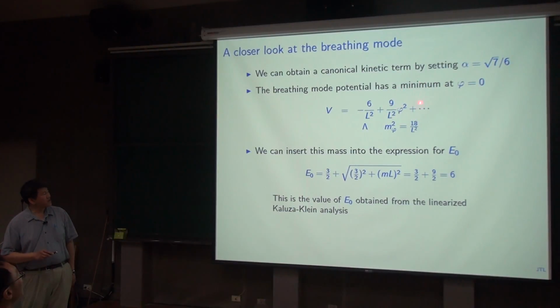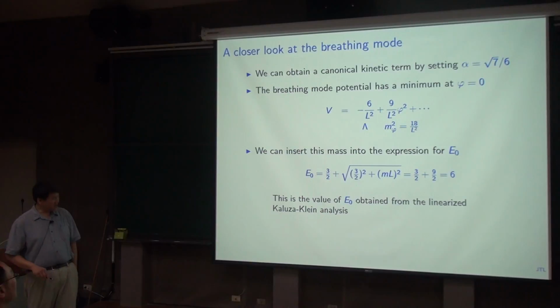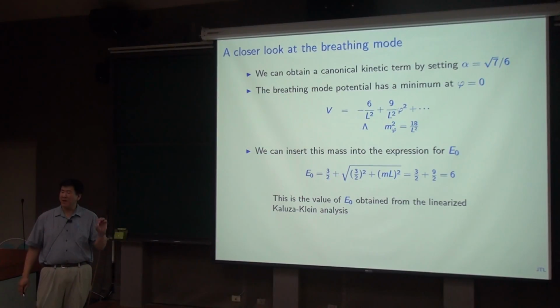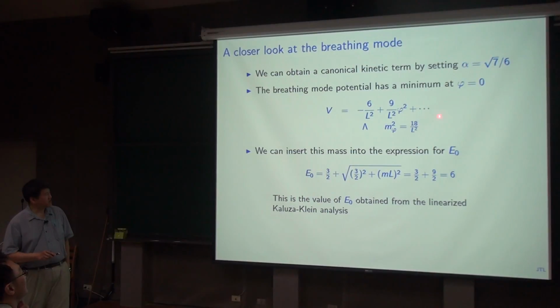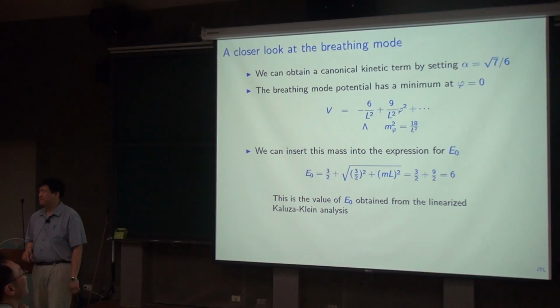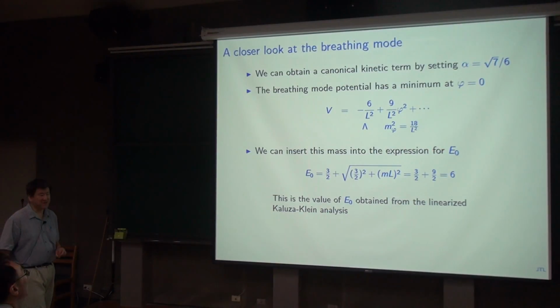The quadratic term over here is a mass term for the scalar field. It's a real scalar. If it's canonically normalized, the mass term should be 1/2 m squared phi squared. That means the mass squared of the scalar is 18 over L squared. Now, I didn't go over the AdS representations, but I at least hinted that the lowest energy eigenvalue E0 is related to the mass of the scalar, or related to the mass of the field.